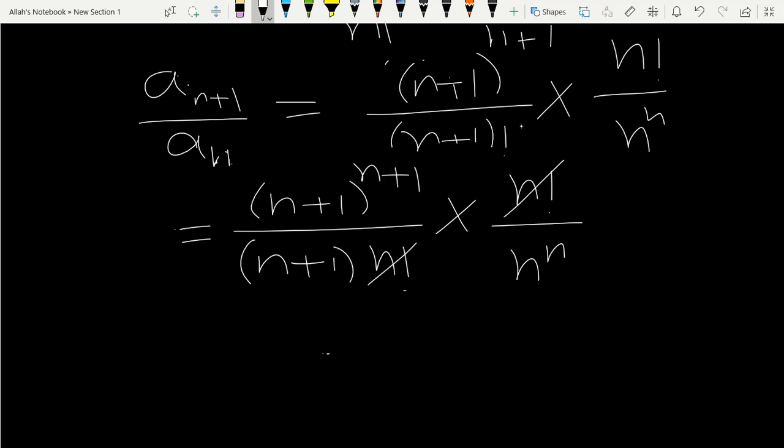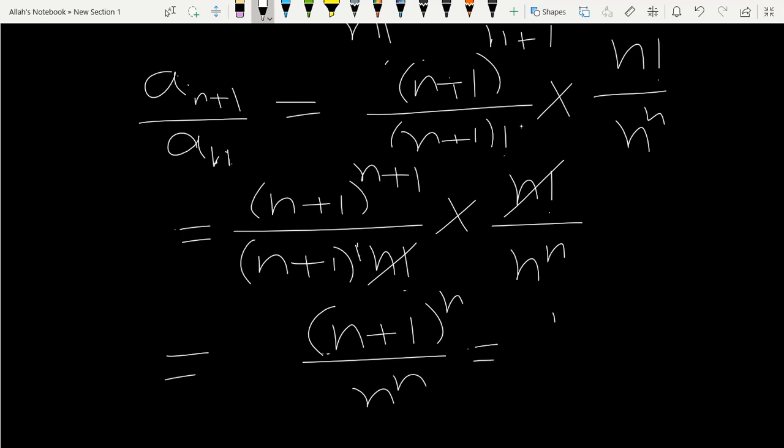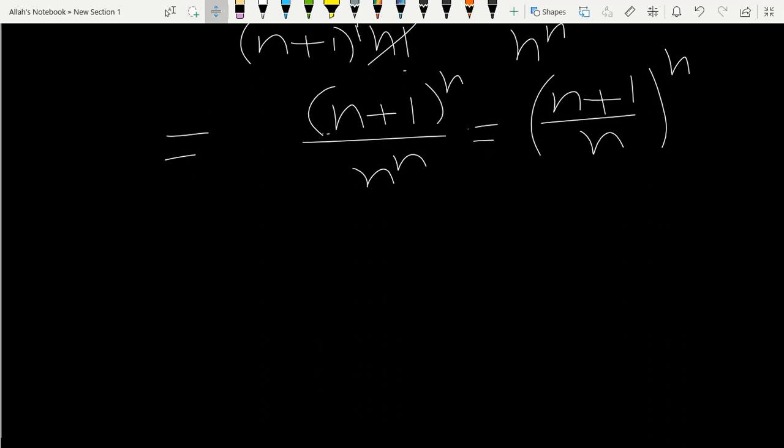So this will be (n+1) raised to the power n divided by n raised to the power n, which is equal to ((n+1) divided by n) raised to the power n, which is equal to (1 + 1/n) raised to the power n.